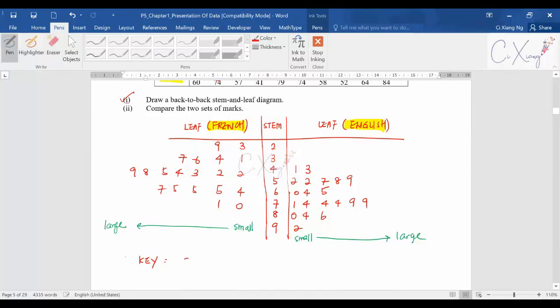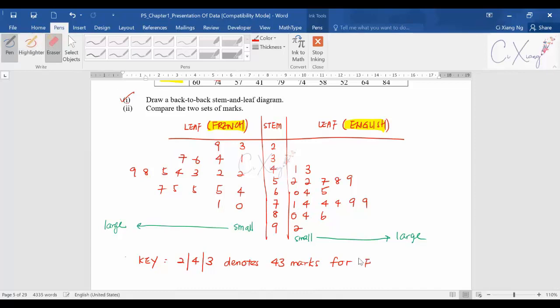Okay, so for the key, you can write it like this. Maybe you can simply write any number, so 3, or maybe for me I will write like this. So 2 stroke 4 stroke 3. Okay, so what does this mean? When you have this, it denotes 43 marks for what subject? For French.